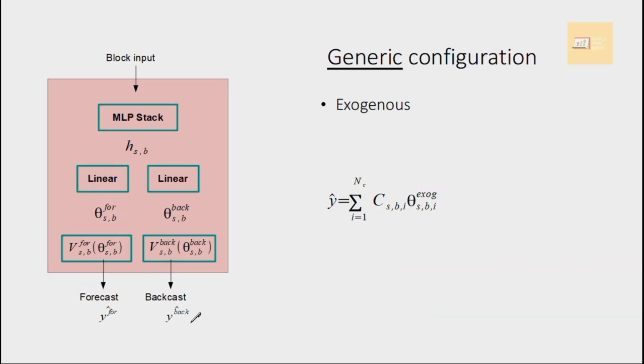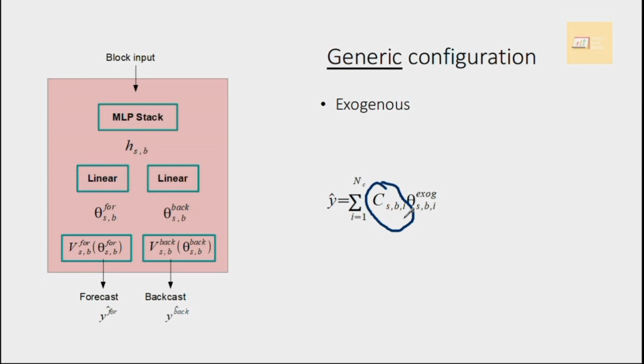Now let's move on to the last basis function, which is the exogenous. So the exogenous basis is a little bit different depending on which configuration we are using. In the generic configuration, the basis matrix is called C, and it denotes the context vector. This matrix is learned using a convolutional substructure, so it involves sort of an encoder-decoder. It depends on the convolutional process we are using. I'm not going to go into detail over that, but it's basically learned automatically.